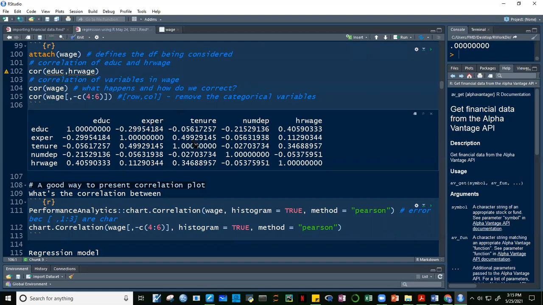Medyo ito yung pinakamataas, no? Among the independent variables. 0.49 with experience. So hindi naman siya talagang strongly correlated, but I think this is the highest among the correlations between the independent variables. So possibly, baka magkaroon tayo ng problema dyan. No? Kasi ayaw natin na yung independent variables natin are highly correlated with other independent variables.